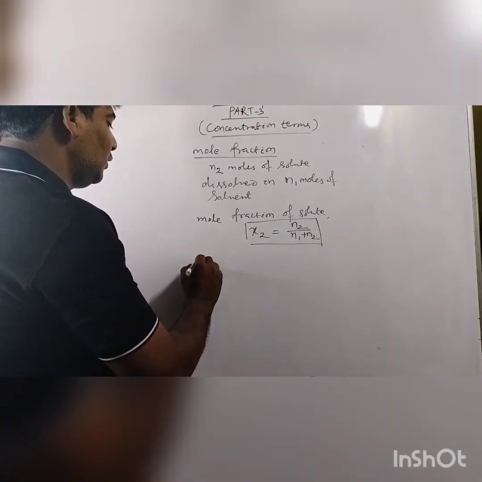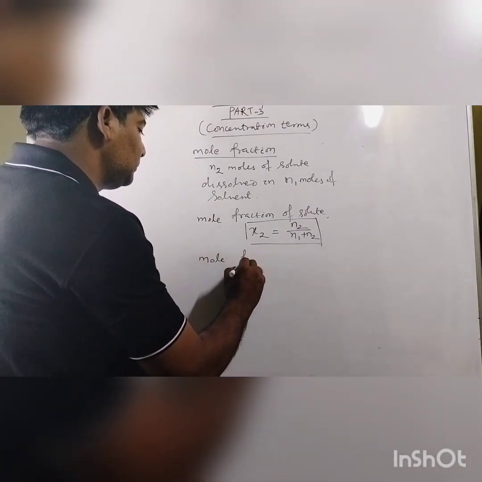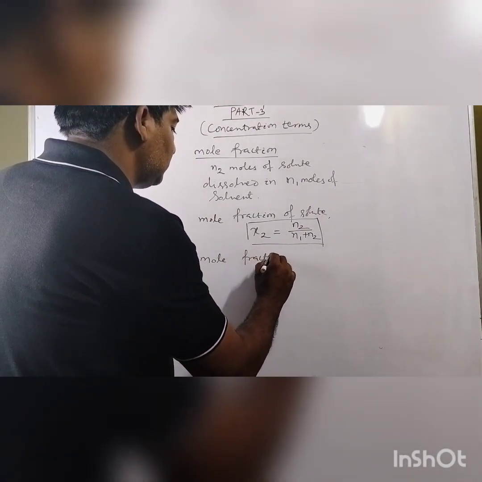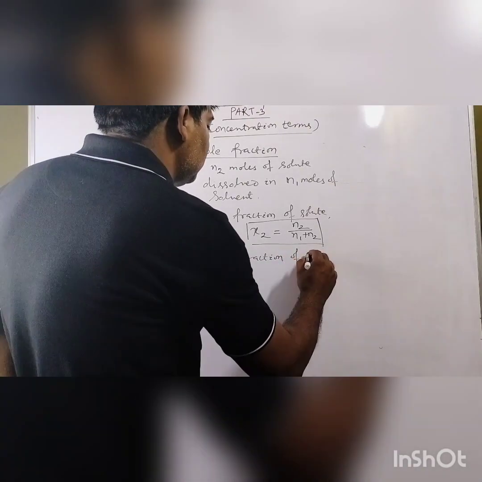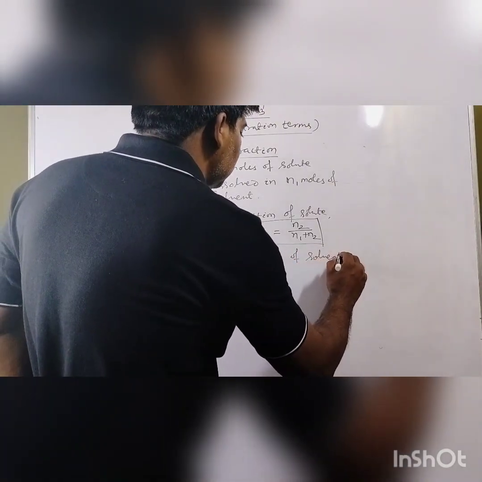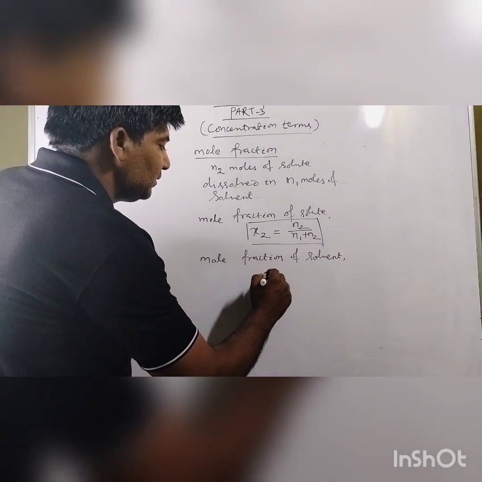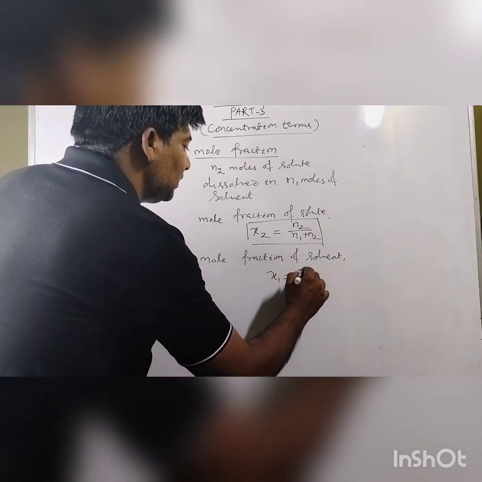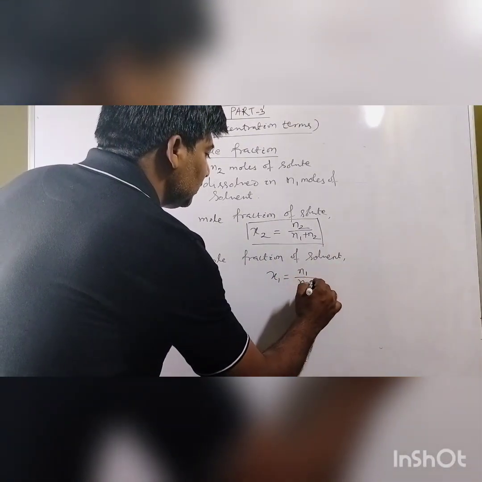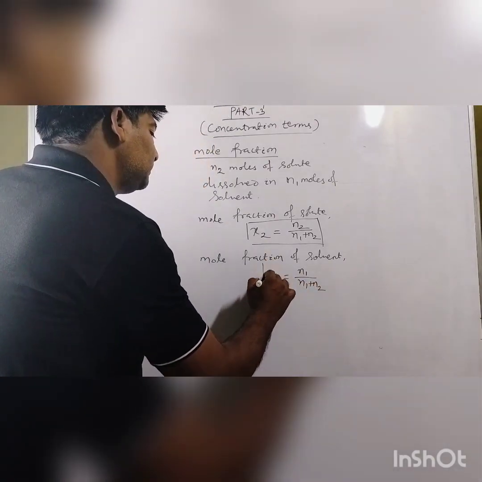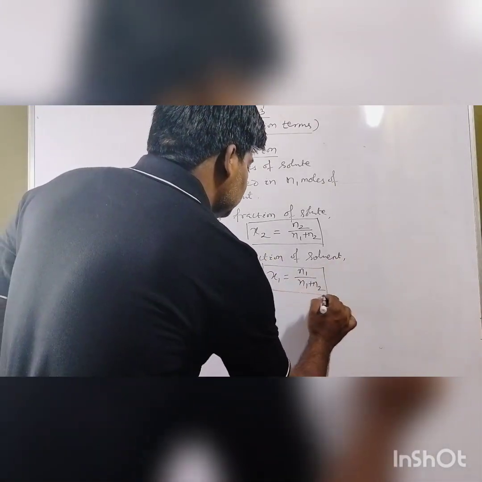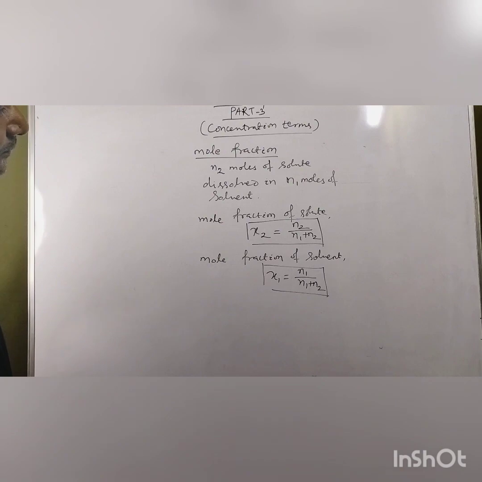And mole fraction of solvent is given by x1 is equal to N1 by N1 plus N2.